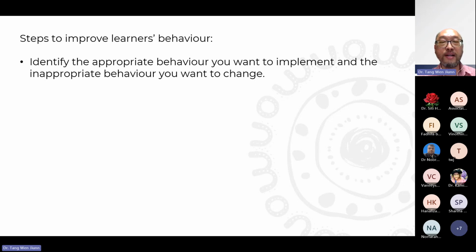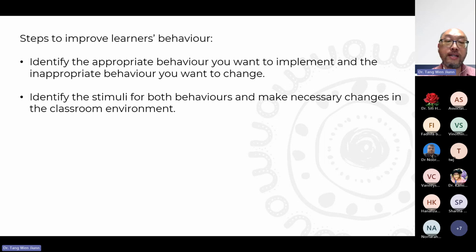So how do we make sure they do that every time? Try out the first time, fail, then change your strategy, apply again and see whether they do it. So we have to identify first what we want them to do, and only then we impose.